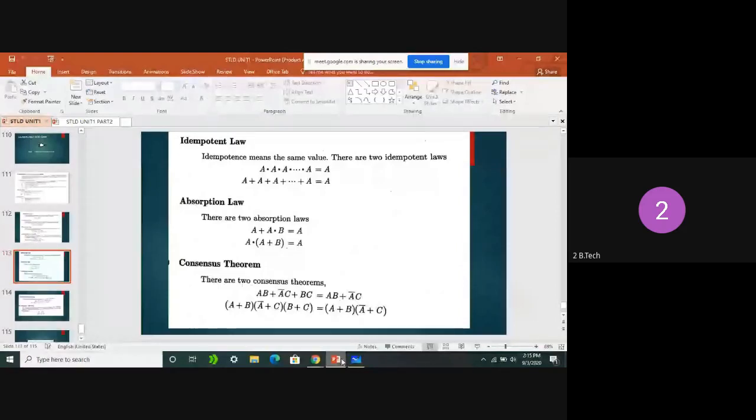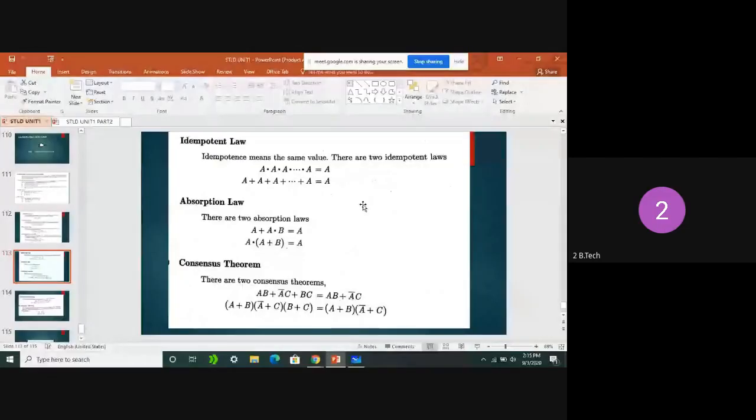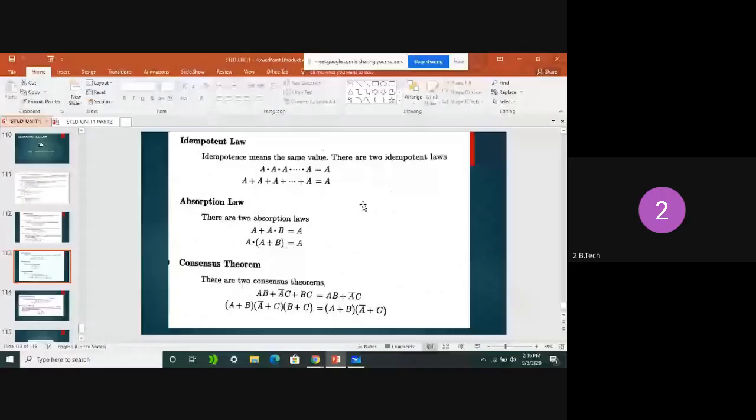Just like 1 into 1, 1 into 1 is always 1, and 0 into 0, 0 into 0 up to infinity is 0. Similarly for OR laws: 1 plus 1 is always 1, and even if you add infinite times, it is still 1. A plus A plus A and so on is always A. That is what the idempotent law tells us.